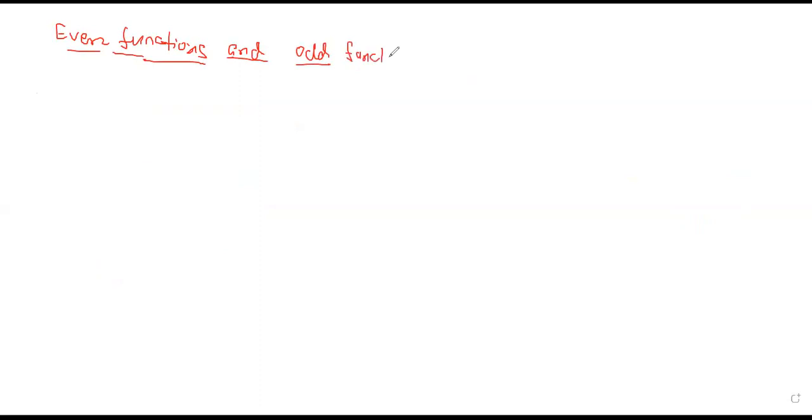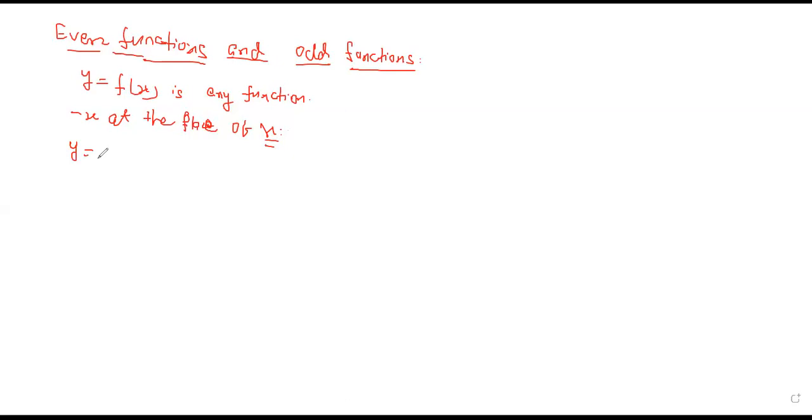Now, if you write y equal to f(x), which is any function, and if you put minus x at the place of x, then it is known as f of minus x.